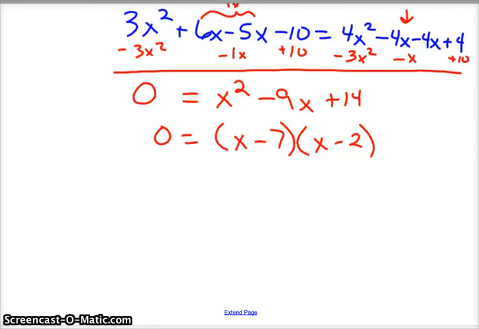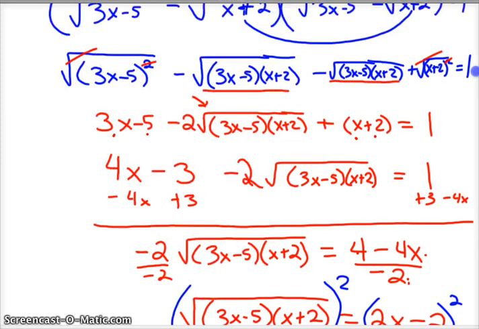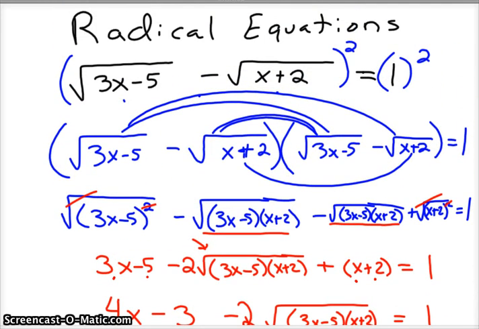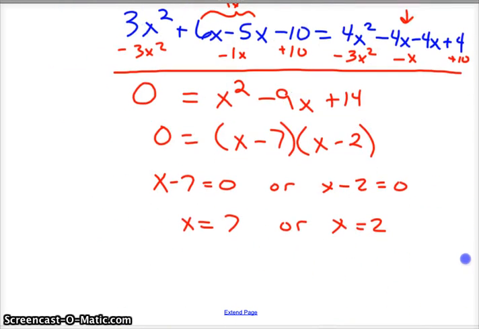And so using the zero product theorem, we know x minus 7 has to be 0 or x minus 2 has to be 0. And so x would equal 7 or x would equal 2. Now I boxed those answers in, but there's a possibility that one or both of those answers won't work. And so you have to go clear back to the original, which was the square root of 3x minus 5 minus the square root of x plus 2 equals 1.